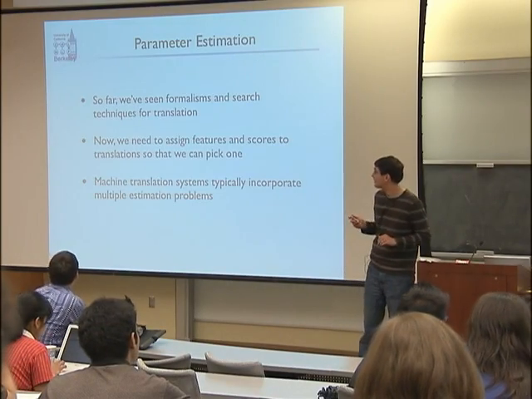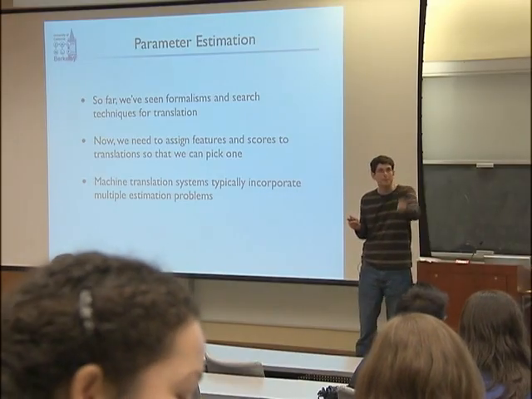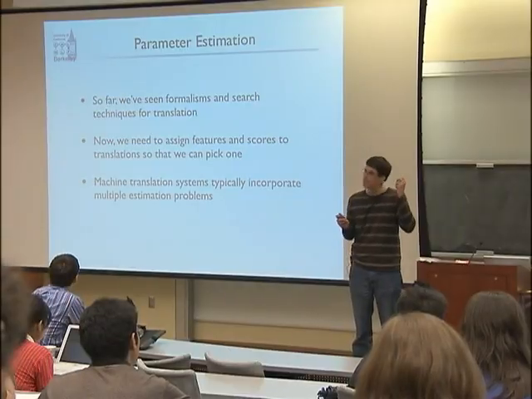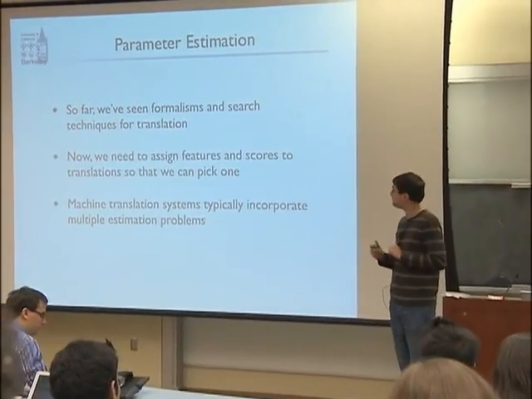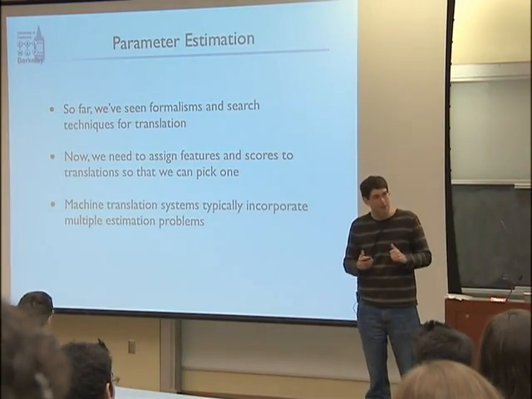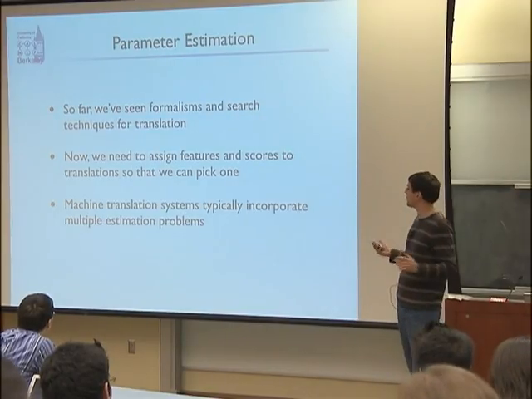So far, what you've seen is a bunch of different, what we call models, but really formalisms of how to translate. Should I grab words at a time? Should I grab phrases at a time? Should I grab grammatical chunks at a time? And we're going to search over this big space of all the different ways that I could translate a sentence, and what we're trying to do is find the highest scoring sentence.